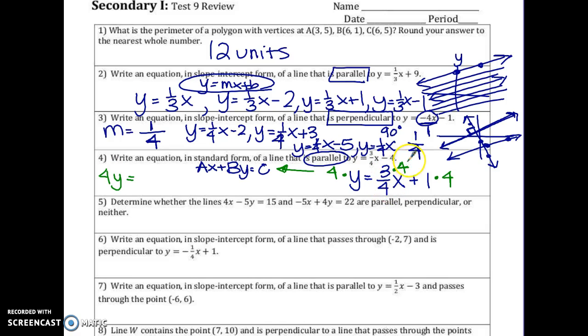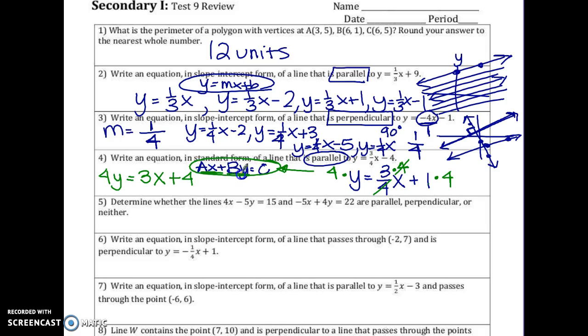3/4 times 4 is just 3x. And then positive 1 plus 1 times 4 is just 4 now. Okay, so we're getting closer to this. And all I want to do now is move the x.